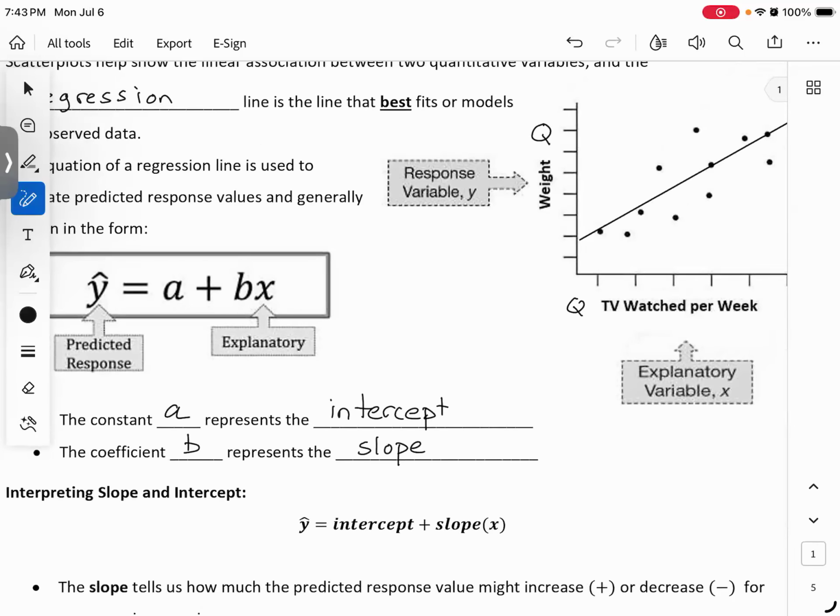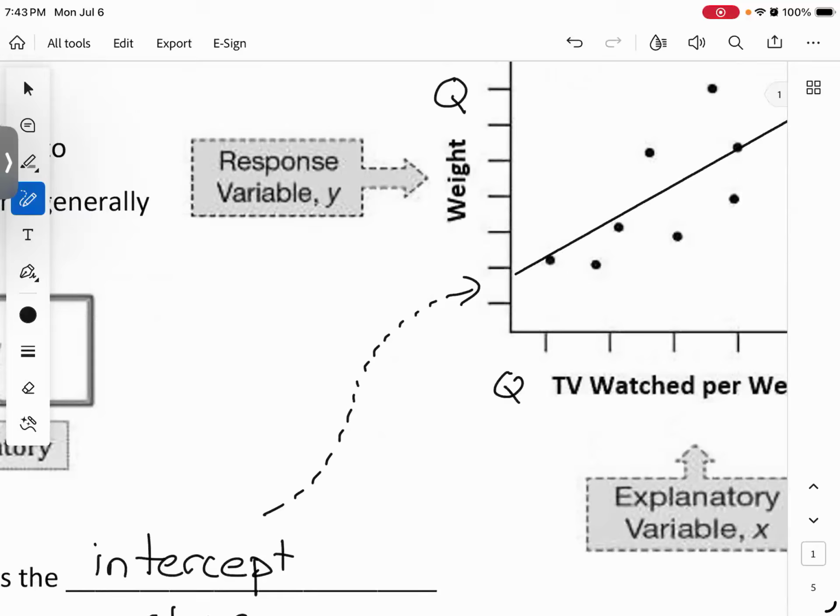If you're looking at the graph, where's the intercept? The intercept would be that point, whatever was the initial value, and then from there you see the change. It's the very initial value.